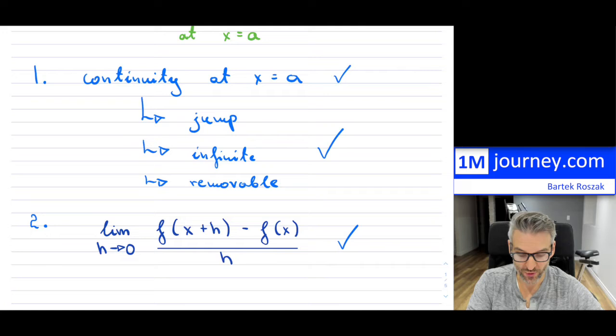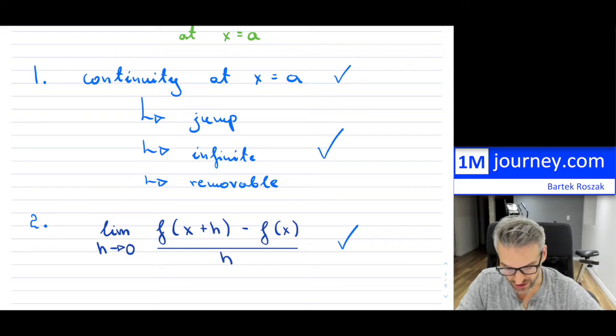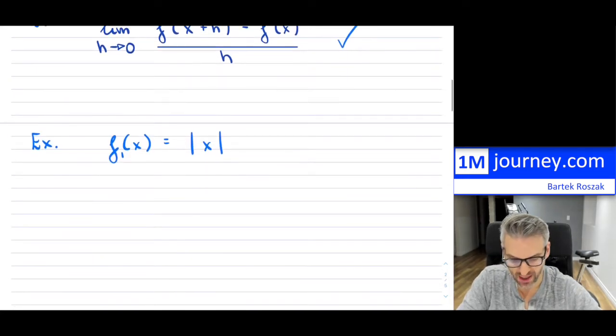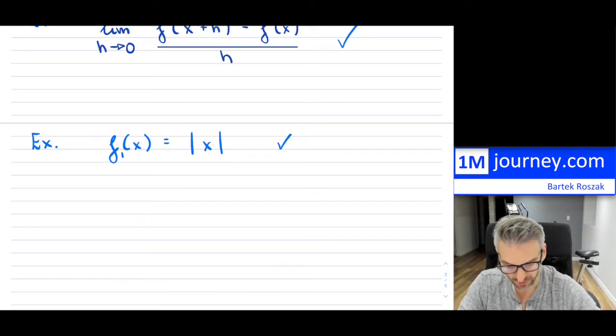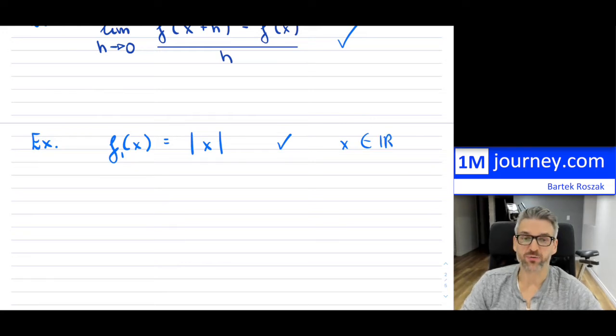So I'm going to give you several examples that we're going to go over and things that we should watch out for. I'll give you a very simple example here. So here is the absolute value function. Now, the absolute value function is actually defined for all x, being real numbers. So it's defined for the entire domain of x, the real numbers.